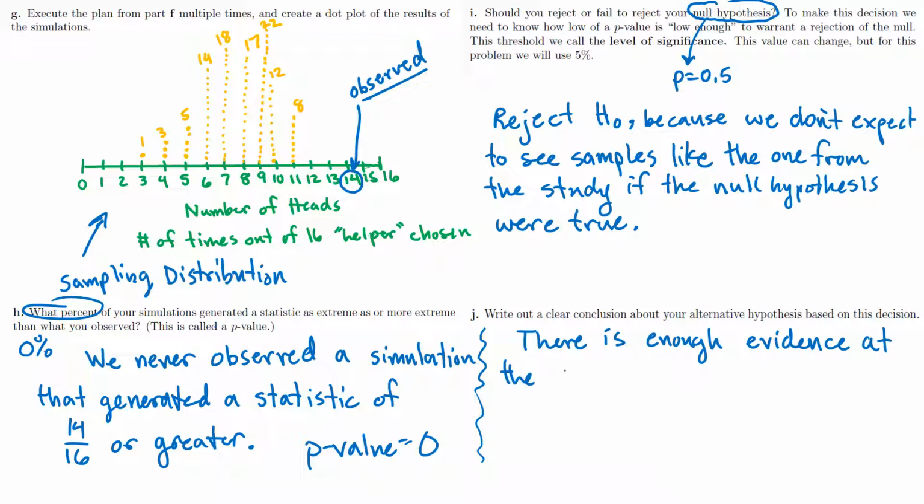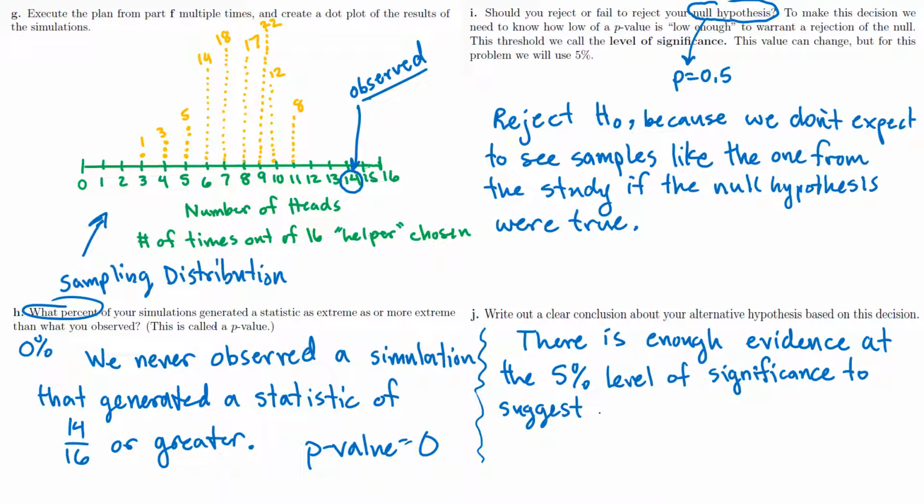at the, and it's always good to declare this, what we call the level of significance, which is that threshold we set to say if our p-value is smaller than this, we reject. At the 5% level of significance, to suggest that the alternative is true.